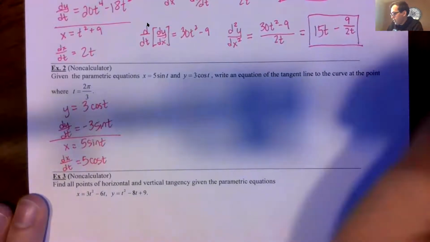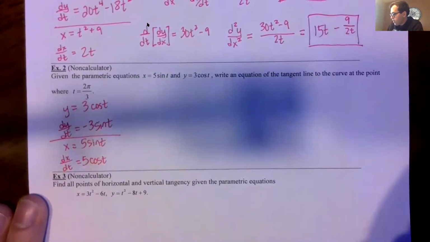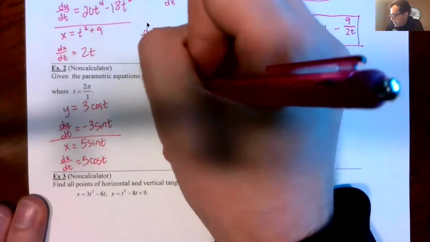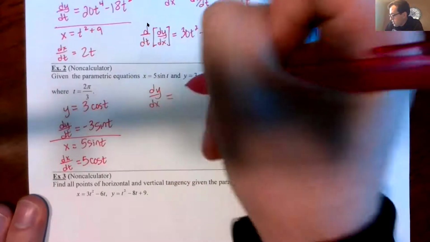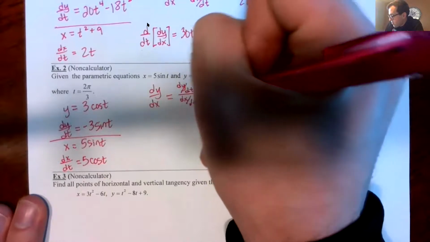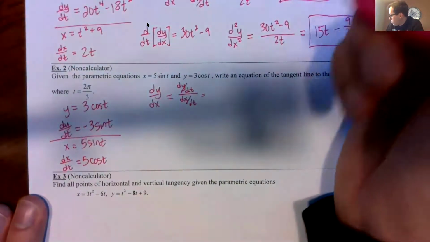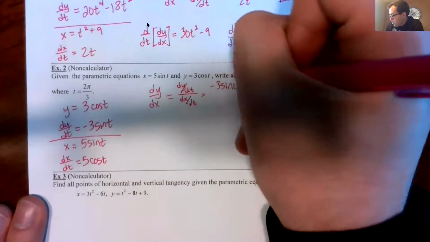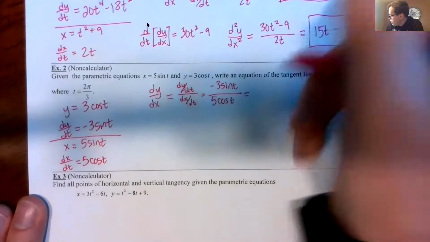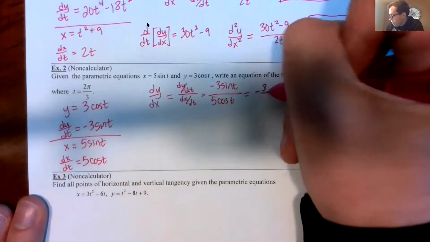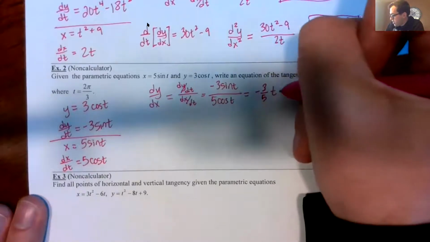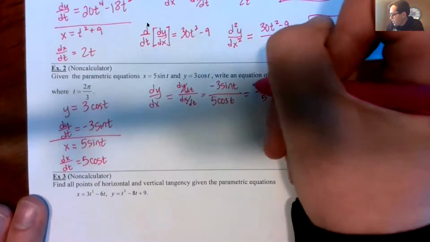All right, so then we are going to want to have the first derivative, the dy/dx. So remember, dy/dx is going to be dy/dt over dx/dt, or in other words, negative 3 sine of t over 5 cosine of t, which you could also write as negative 3 fifths. And remember, sine divided by cosine is tangent. This is just negative 3/5 tangent t.